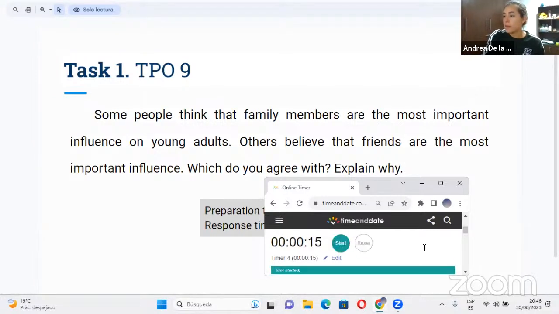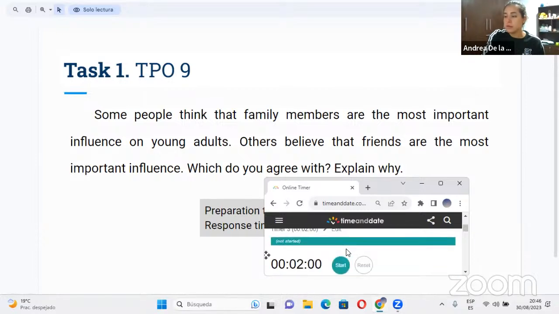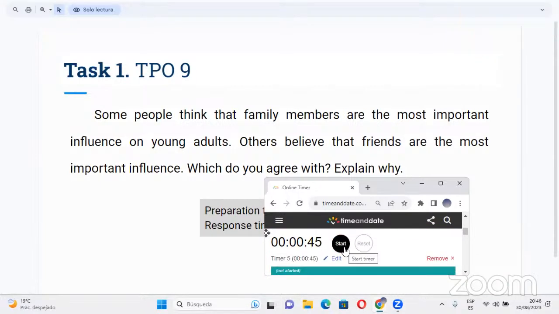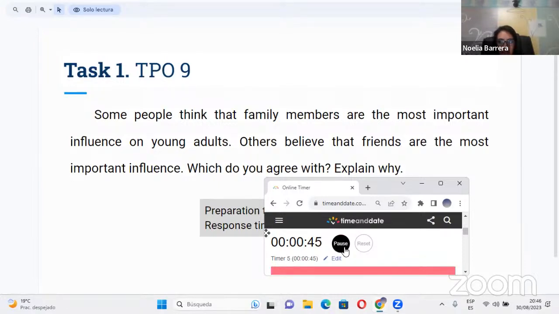Okay. So maybe Noelia? I strongly believe that family members are the most important influence on young adults because you can spend more time with your family and taking the examples with experience that, for example, your parents have.